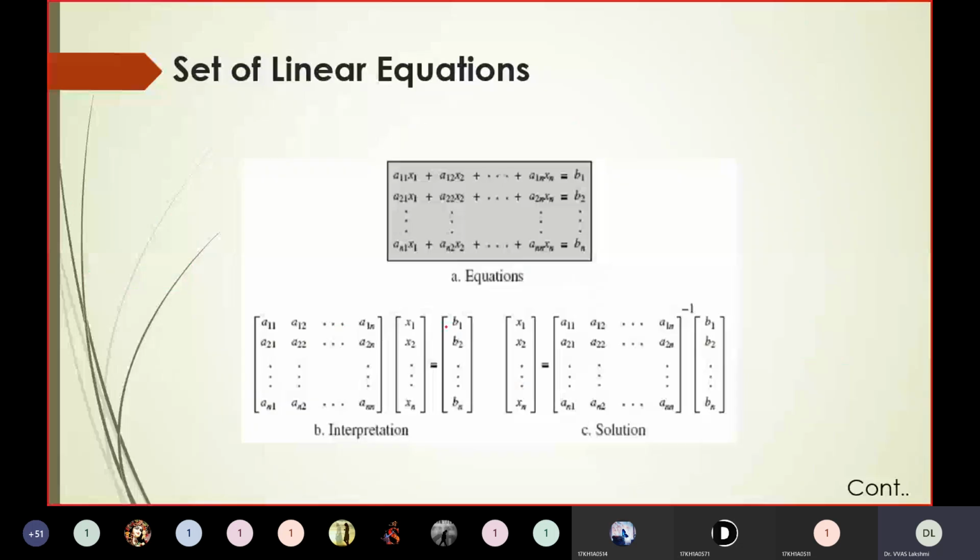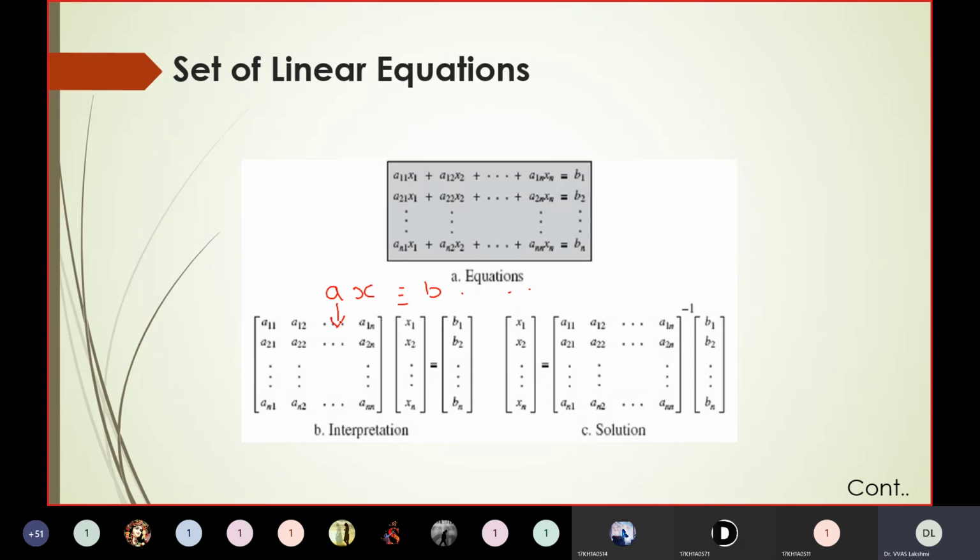This is the last concept. Here this is the set of linear equations. So this is what the equations are and how to interpret those equations. Here all the a's are separated, all the x values are separated. Whenever you multiply, this is the equation ax is congruent to b modulo something.